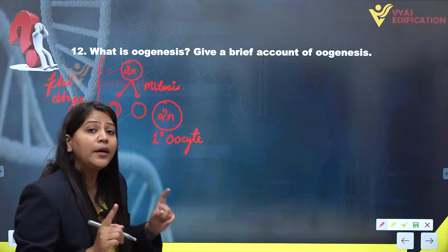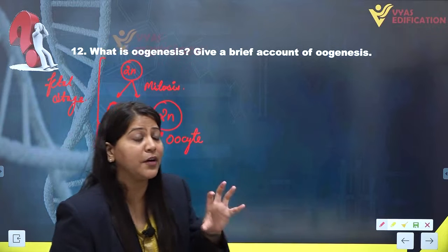At the fetal stage only, this primary oocyte will start the first meiotic division, but it will not complete it.